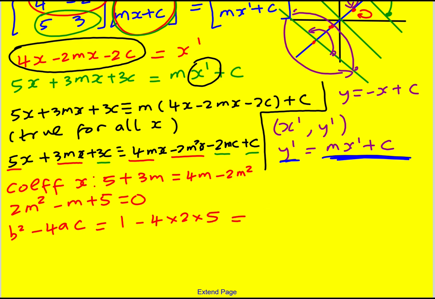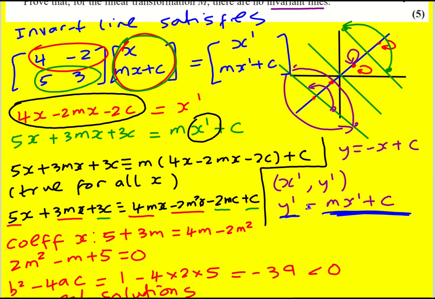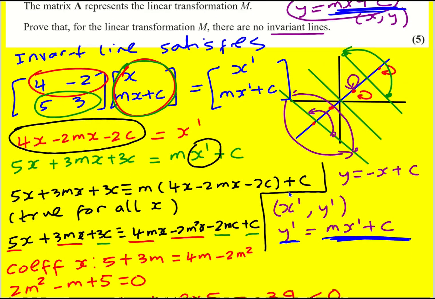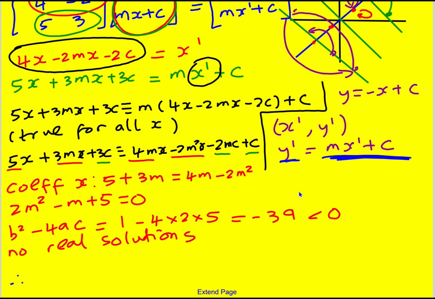This is clearly negative, it's going to be minus 39. Less than 0, no real solutions. And that is it. Therefore, I've forgotten A. Sorry, for transformation M, there are no invariant lines.